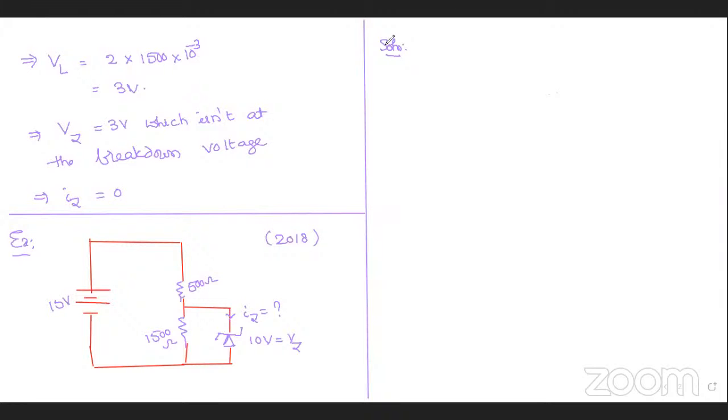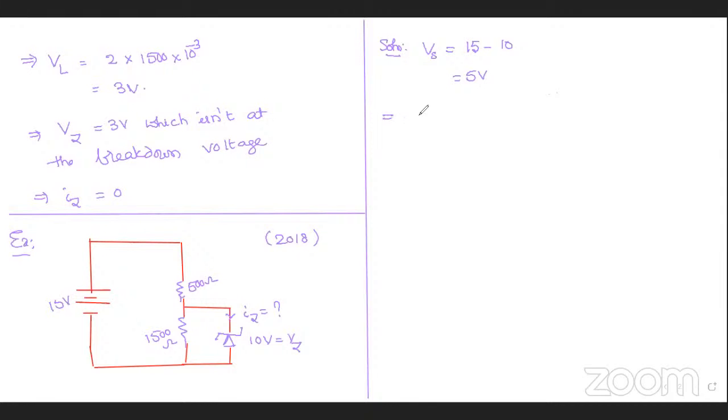Why, Mr. Aryan Kumar, did you get the wrong answer? Sir, because I took an approximation in IL. 15 minus 10, so Vs here will be 5 volts.